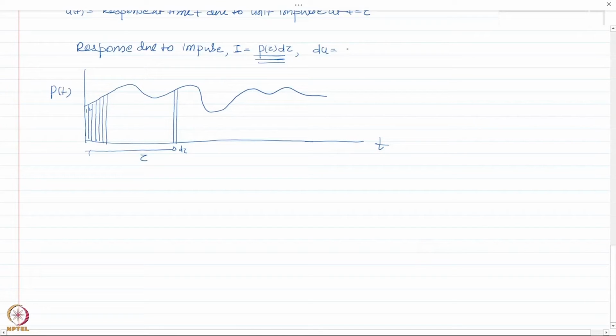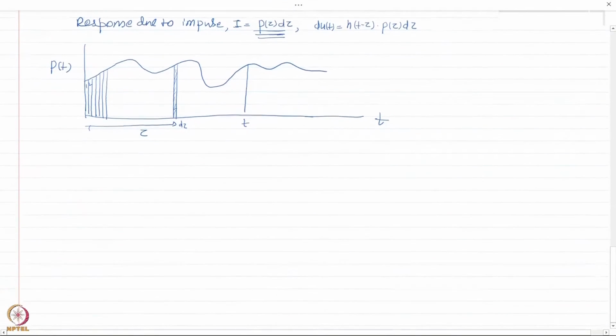So multiplying h of t minus tau, the response due to unit impulse, times the magnitude of the impulse. This is the response at any time t. Instead of just saying that, let me write d u of t due to a small impulse. But this is just one strip here, due to this at any time t. Let us say here I want to find out time t.